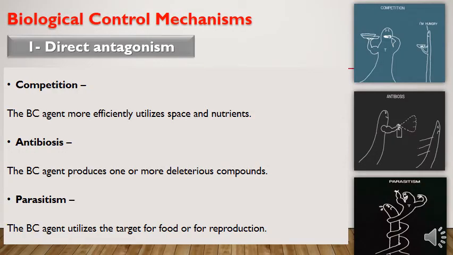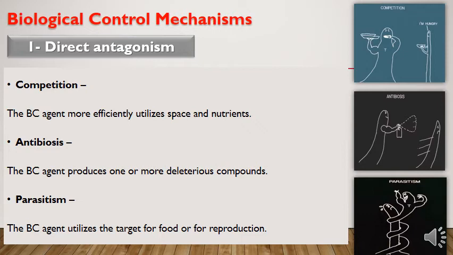The first way for the biological agent to affect the pathogen is direct antagonism. The biological agent can use three mechanisms to affect the pathogen. Competition, which means the biological agent can more efficiently utilize space and nutrients than the pathogen. The second is antibiosis.